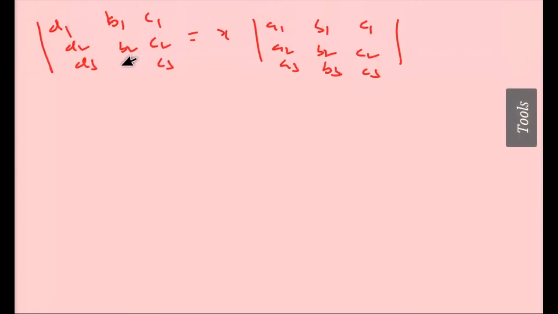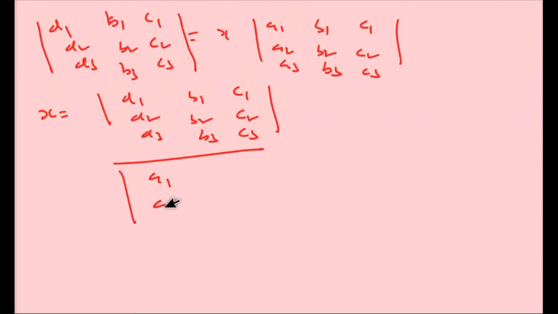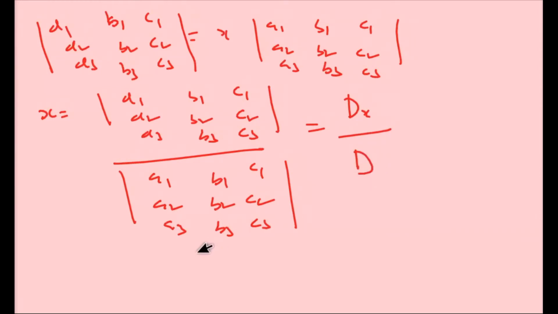So we get x equal to the determinant d1, d2, d3, b1, b2, b3, c1, c2, c3 upon the determinant a1, a2, a3, b1, b2, b3, c1, c2, c3. Let the numerator be denoted by Dx and the denominator by D. Similarly, we can find the value of y.